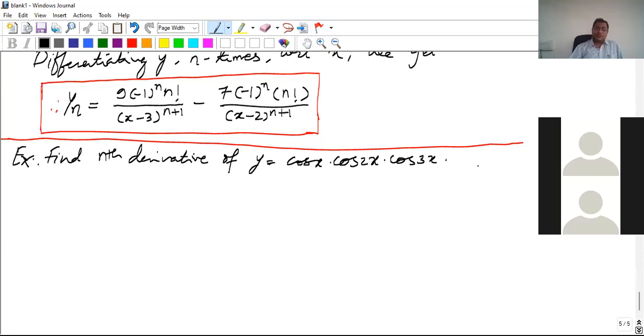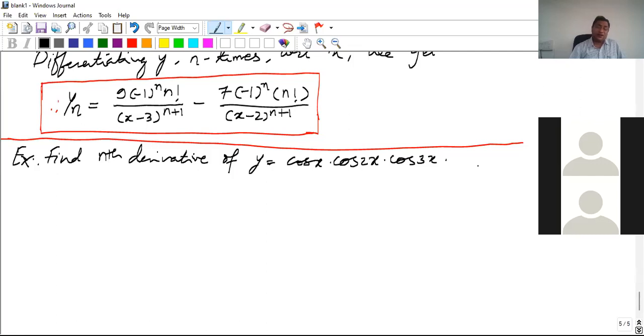See, if you have two terms, it is easy. So we have three terms now. We know the derivative of one term only, right? We know how to find the derivative of cos of ax plus b. But here we have cos of x into cos of 2x into cos of 3x.